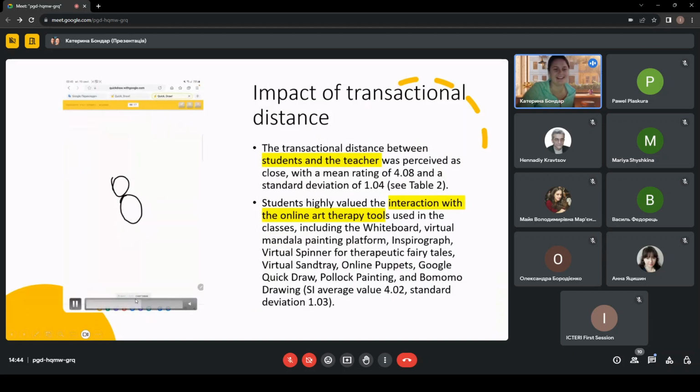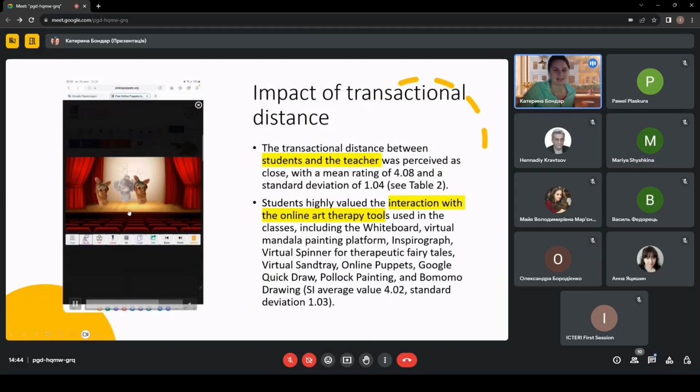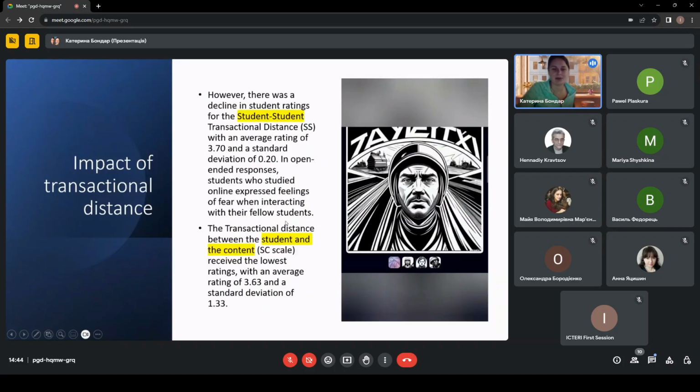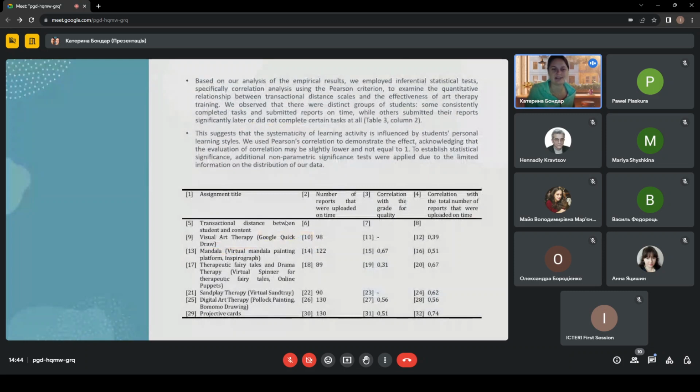Not this, but this one with their playback theater was something insightful, and they analyzed these topics as helpful for their future skills. Also, they were really satisfied by using AI as a therapeutic tool as future psychologists.